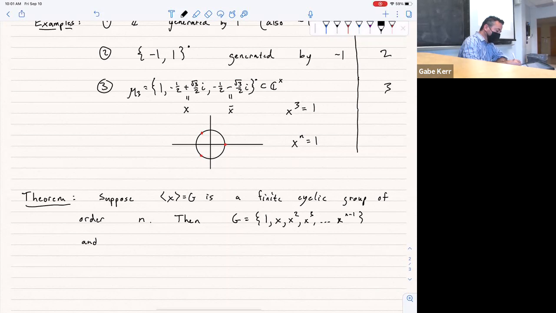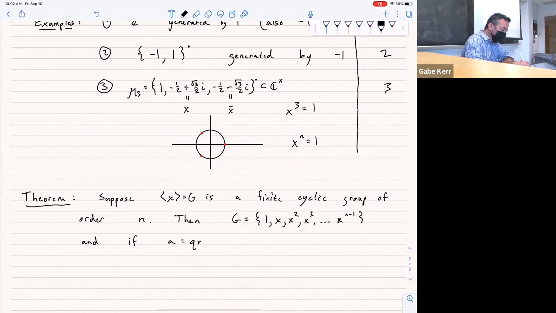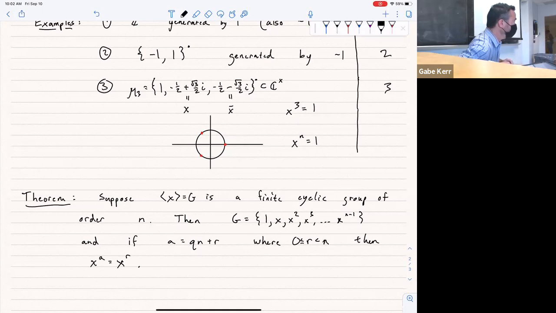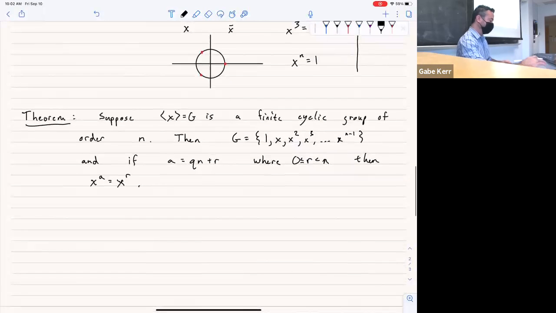So let's say we have some element a equal to qn plus r, where I divide a by n and get remainder r. Then X to the a is equal to X to its remainder r. This gives you a way of multiplying.